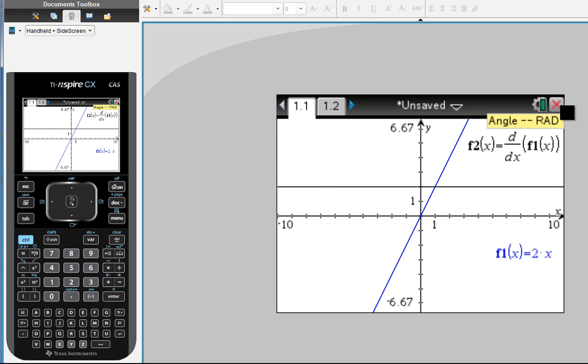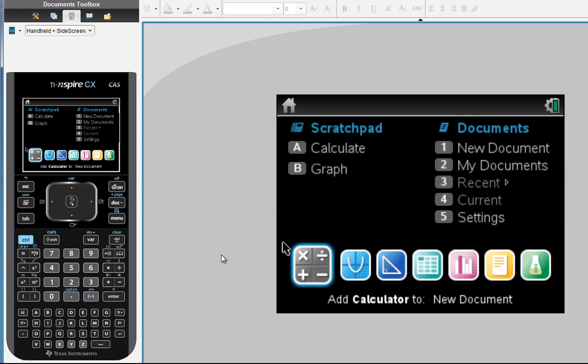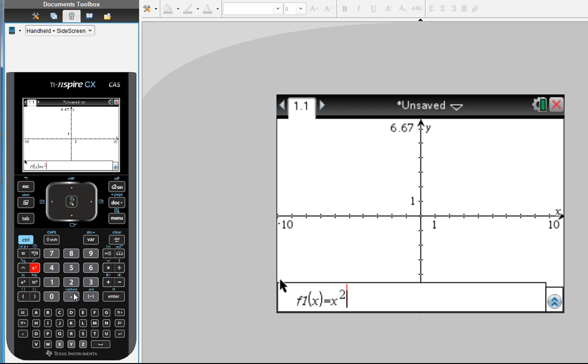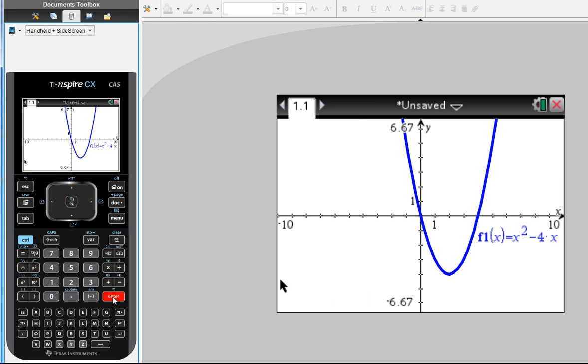Let's try one more. Let's draw this function. x to the power of 2 minus 4x.